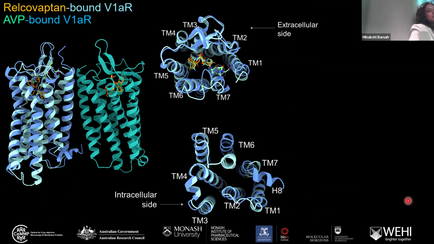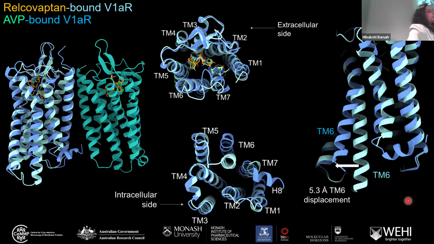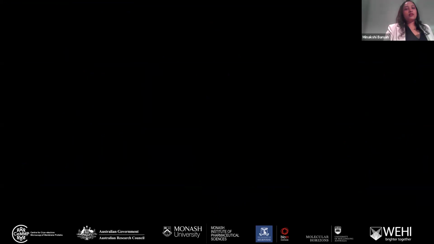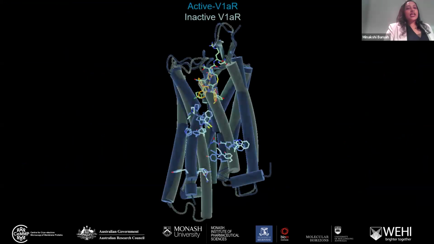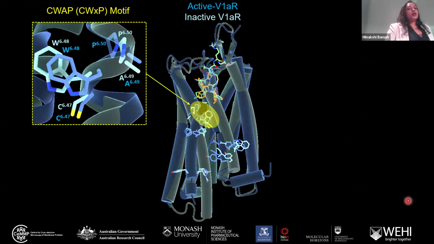And we can clearly see on the intracellular side how TM6 is moving outward in the active state structures. And we have almost 5.3 angstrom TM6 outward movement in our active V1AR compared to inactive V1AR. Then we again observe differences in some of the conserved residues.